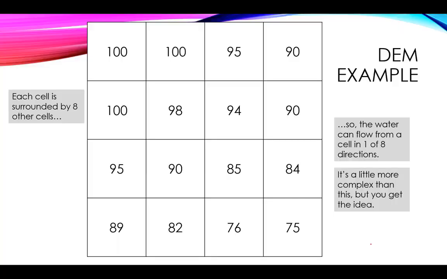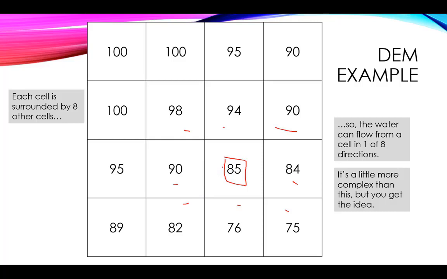Okay, as I mentioned, each cell is surrounded by 8 other cells. So if you just took one, then you can see there's 3, 4, 5, 6, 7, 8 cells around it. And so the water can flow into one of 8 directions. Now it's a little bit more complicated than that, right? It might be able to flow into different ones.